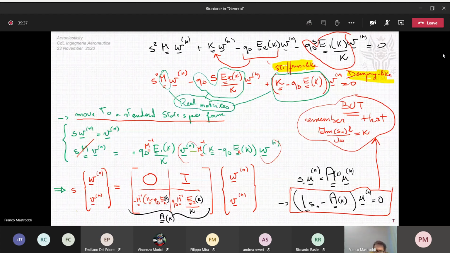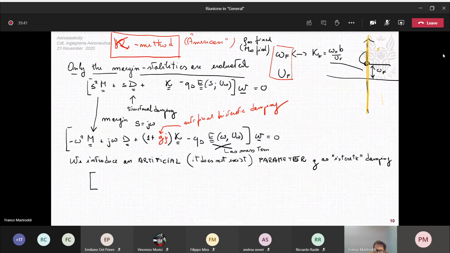But now we want to consider the aerodynamic as a mass term like this, and therefore in this approach we write minus omega square by m, and then we write minus dynamic pressure divided by omega square, and E, and we want to see the aerodynamic term as a function of K. So I want to collapse these two dependencies, like depending on K. Imagine that this K is separated from the rest of the dynamics.